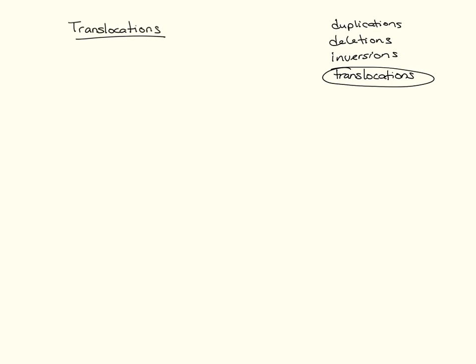And a translocation is a chromosomal rearrangement in which part of the chromosome moves to a different chromosome.